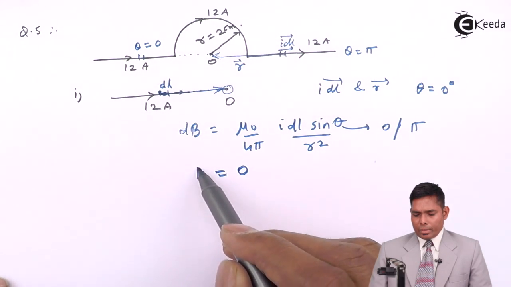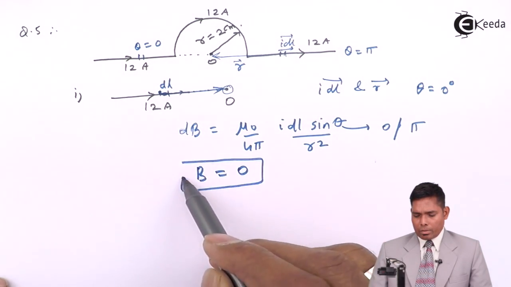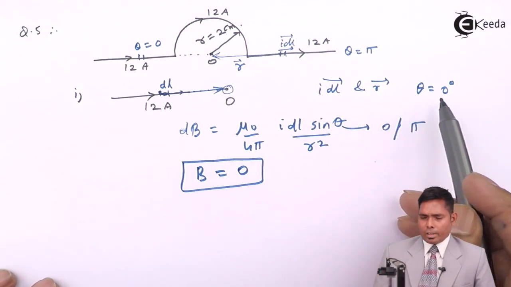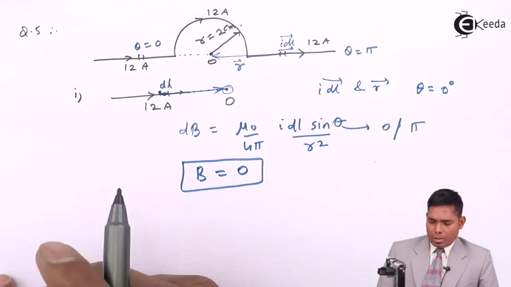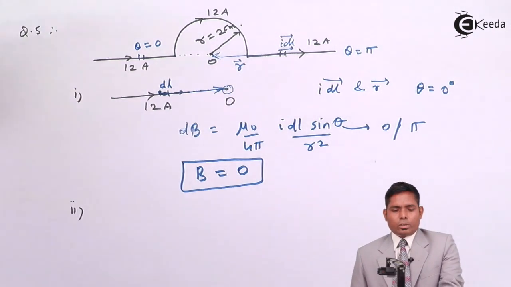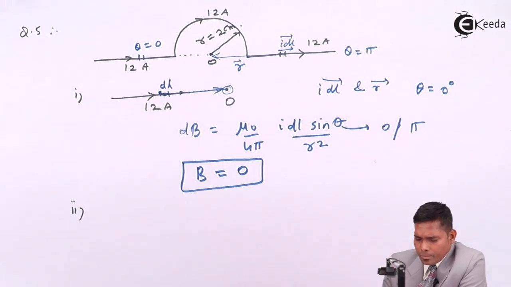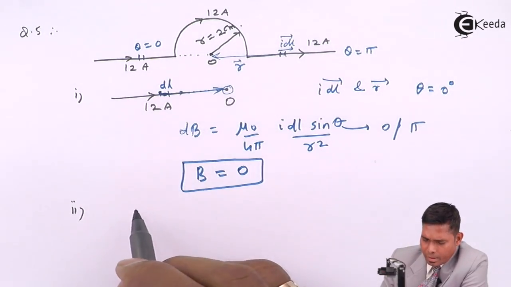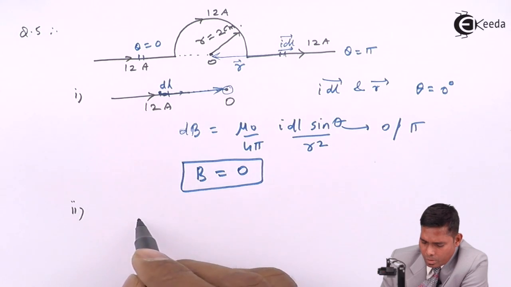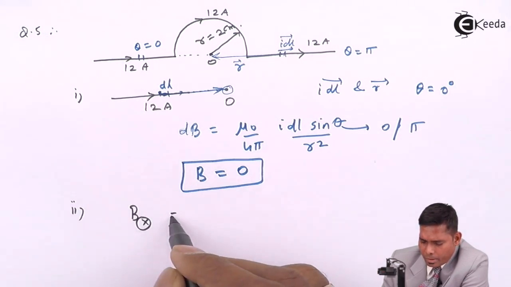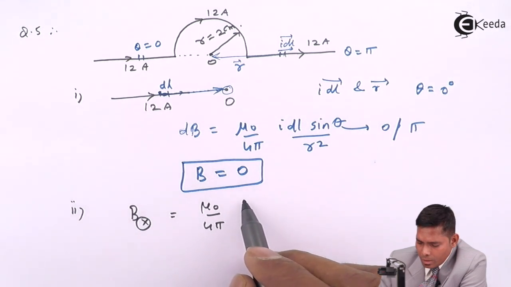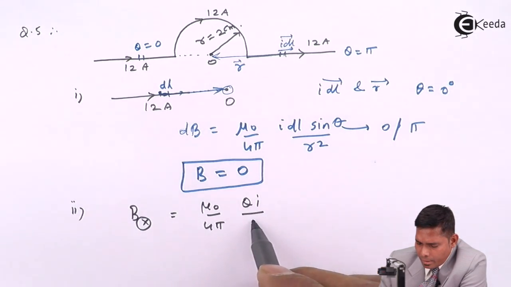So the magnetic field due to the straight part of the conductor at the center will be 0, because of the angle which is 0 or pi. If I ask you to find the magnetic field at the center due to the circular part, then we can find the current is clockwise, and therefore the field will be into the plane of the paper. Its value will be mu 0 upon 4 pi, theta I by r.